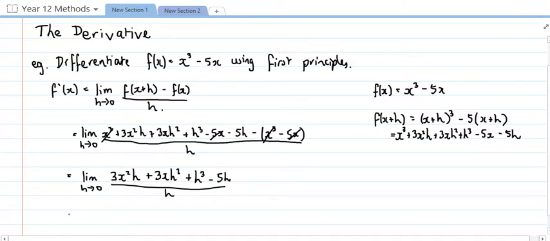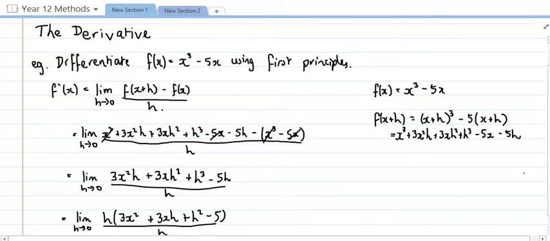Now, what I'm going to do next is take out a common factor. So, the limit as h approaches 0 of h, and what's left is 3x squared plus 3xh plus h squared minus 5. Again, that's all over h.